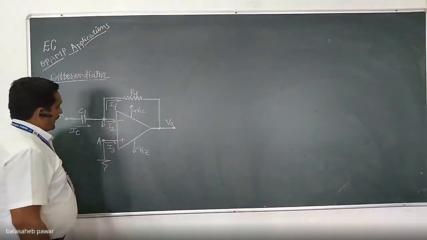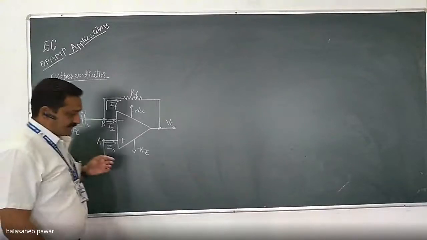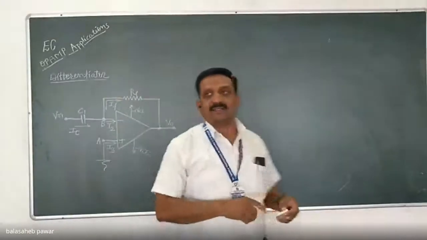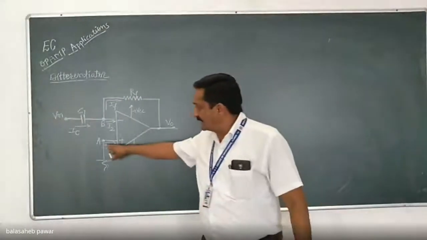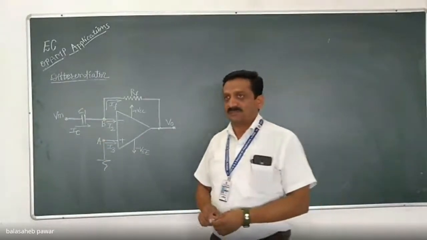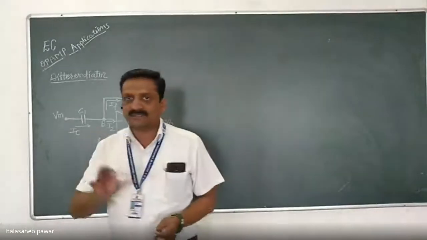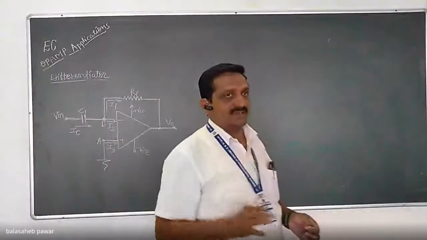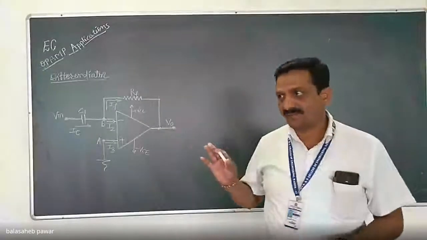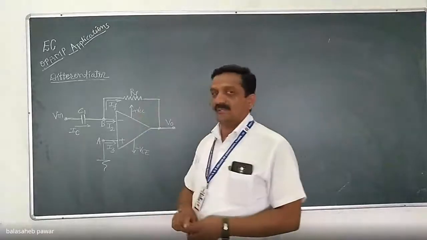Then, as per the virtual ground concept, the potential at the non-inverting terminal, that is VA, will be equal to VB, and that is nothing but zero in this case also. So these are the few basic common points that you have to remember and write. If any application gets asked, then these points are important.